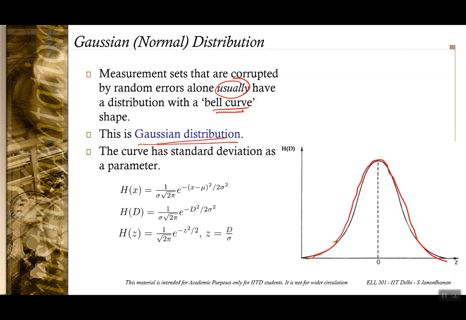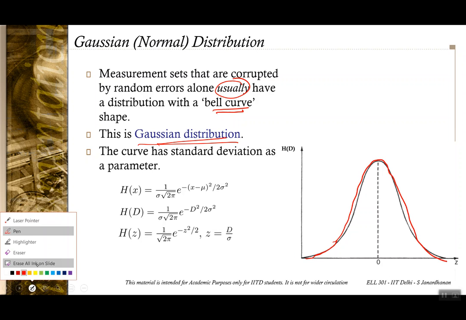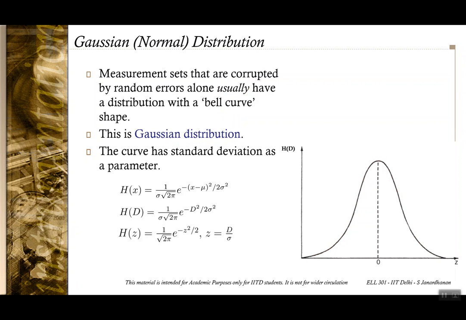So that's why it is called a bell curve. And the expression for h of x is given by this one, where sigma is, as we have seen earlier, the standard deviation, mu is the true mean, and x is the value that we are looking at.